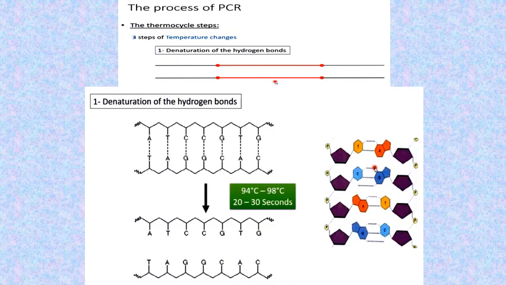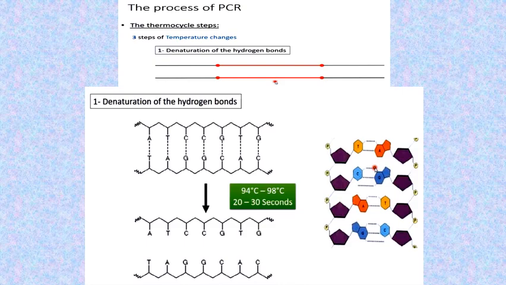This temperature is applied to the PCR mixture, approximately 95 for 20 to 30 seconds. After this time, the hydrogen bonds between the 2 strands will be broken, so I will have 2 separated strands of DNA.